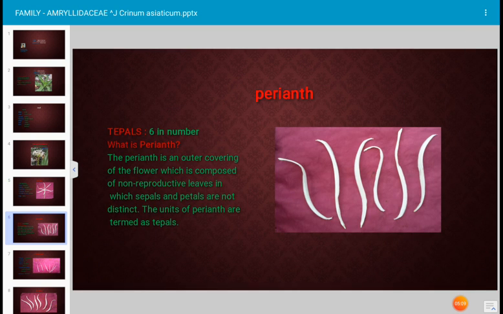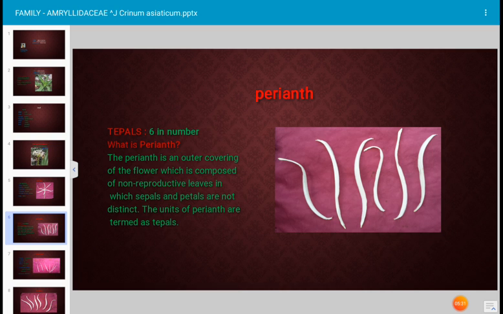And this is the perianth. What is the word perianth? Why do we have to use the word perianth? The perianth is an outer covering of the flower which is composed of non-reproductive leaves in which sepals and petals are not distinct.